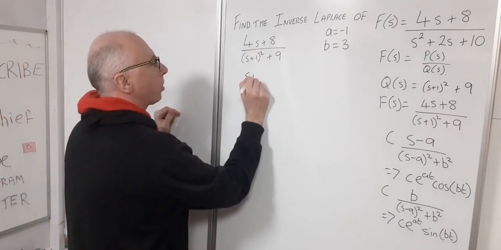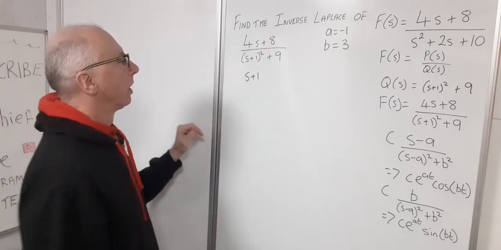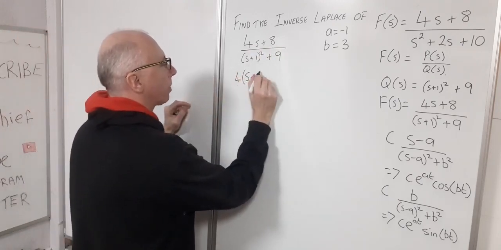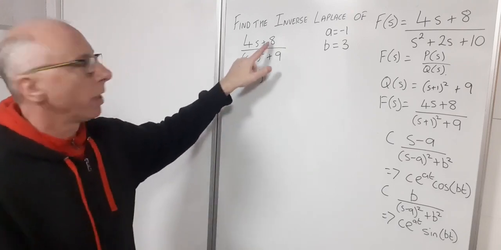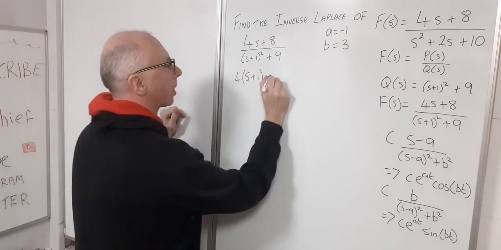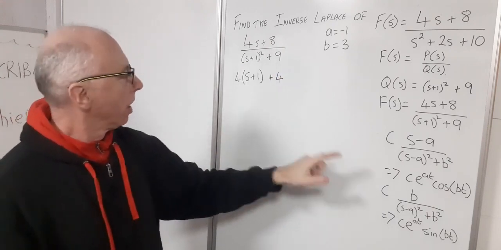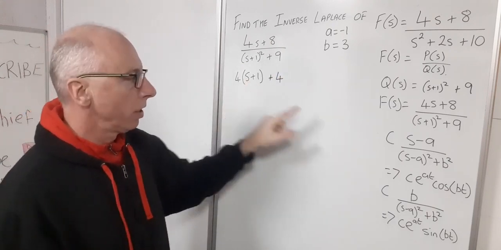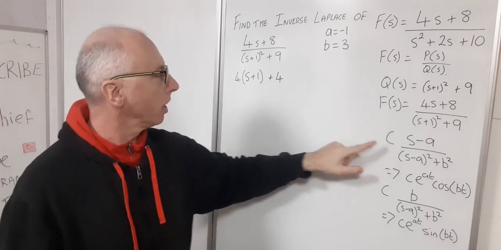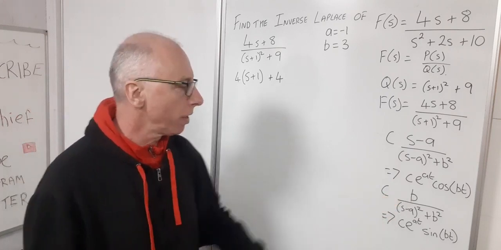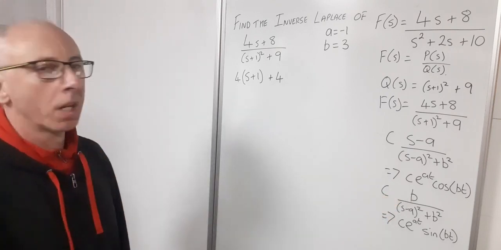If we take an s plus 1 out and multiply that by 4, that gives us 4s plus 4, with just 4 left over. So that's valid for our numerator. And then we've got 4 times s plus 1, which has a c, and then we've got a plus 4 here. So that's something we can work with.